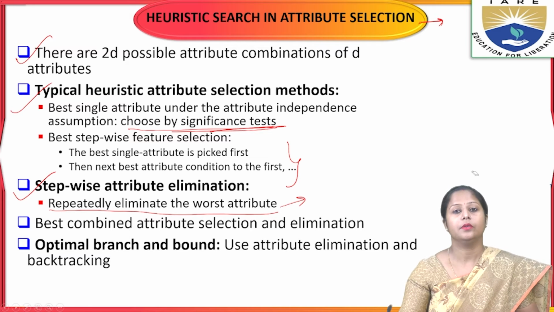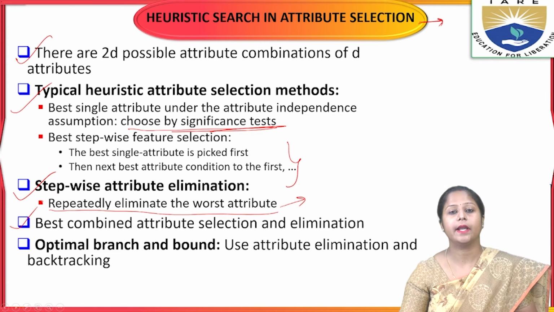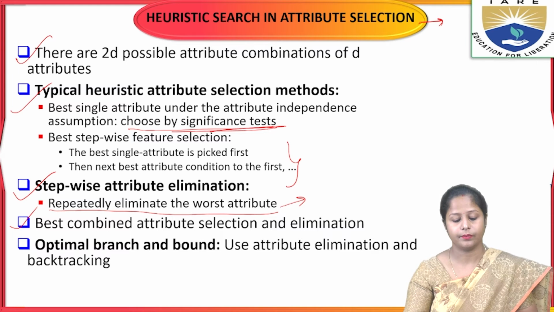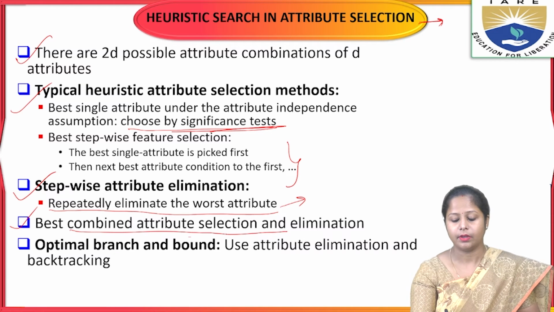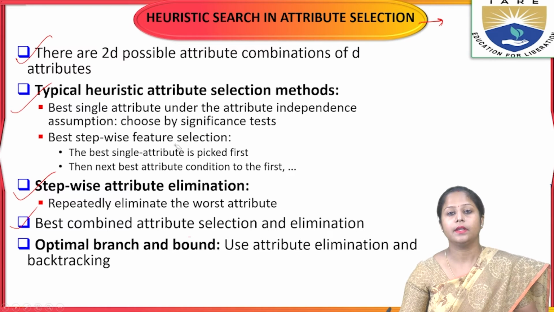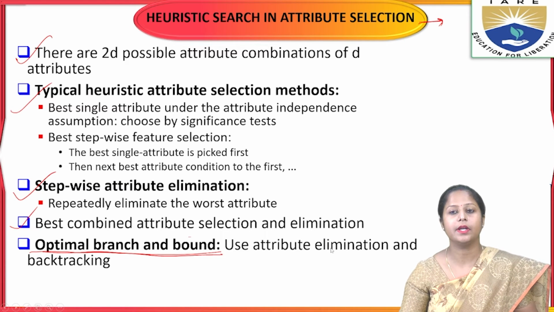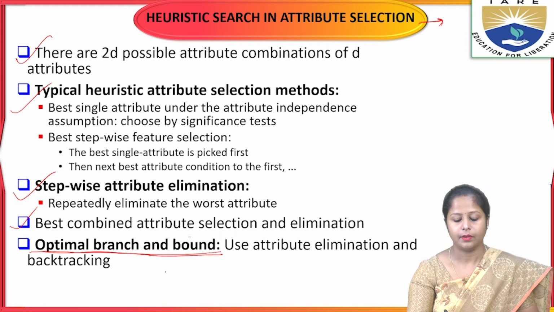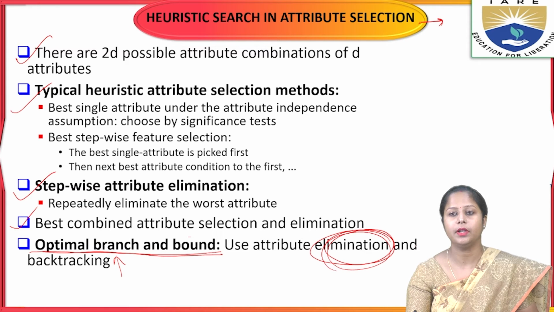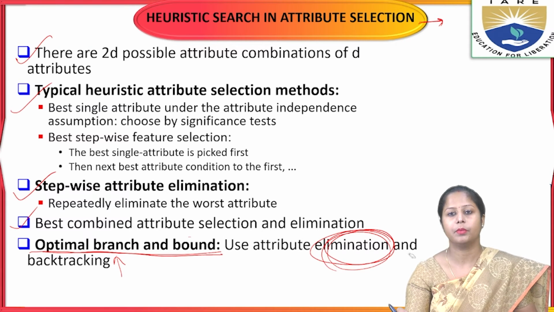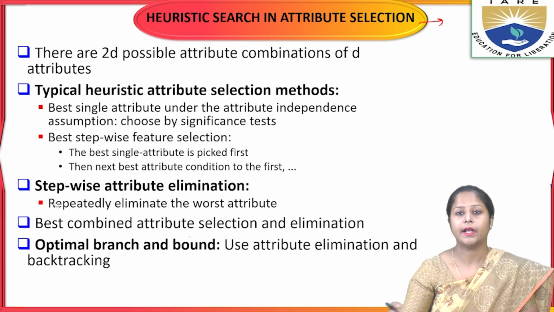Another is best combined attribute selection and elimination, where we combine selecting the best attribute and eliminating the worst. Then there is optimal branch and bound, a method that uses attribute elimination and backtracking. We use backtracking to eliminate the not useful attributes. That is branch and bound optimization of the attributes.